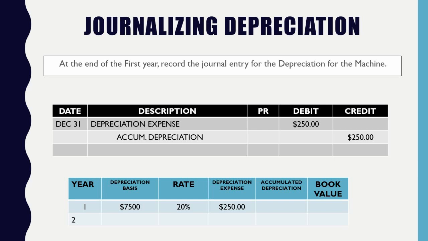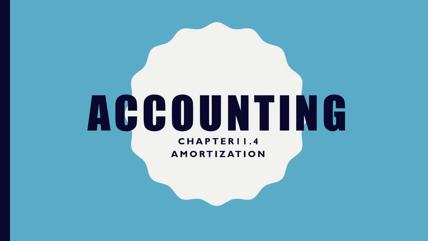Okay. Well, of course, now we're going to put depreciation aside a bit. The reason why I wanted to teach 11.3 and 11.4 is because you're going to see a very similarity between the two, and you'll see exactly why. So what I'm going to be introducing to you guys is called amortization.